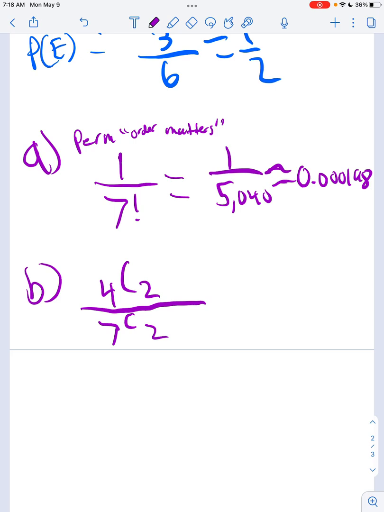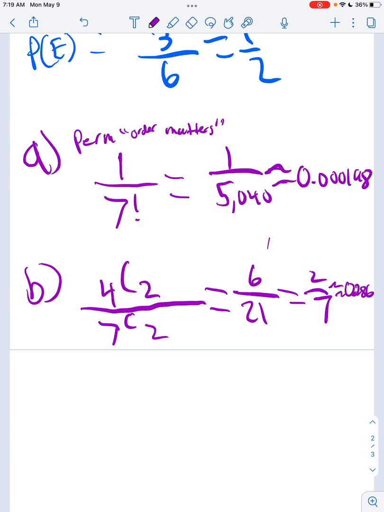So again, thinking about how many different ways there are to do a combination of 2 from 4, there are 6, and 7 combination 2 gives me 21. And if I divide by 3, I get 2/7, which is approximately 0.286. So part B is much more likely than part A.